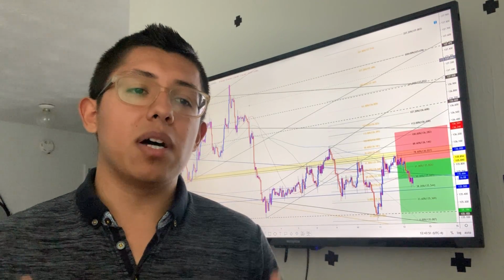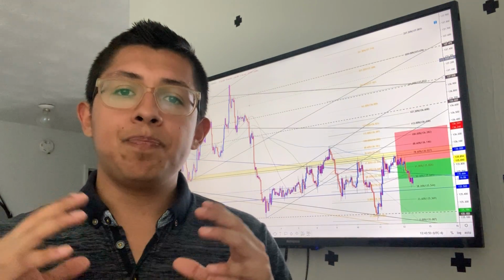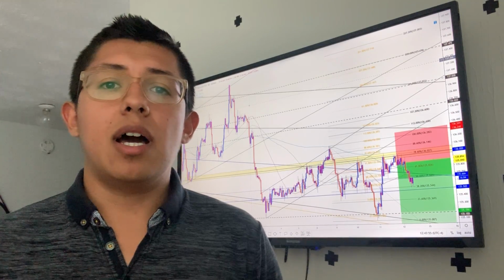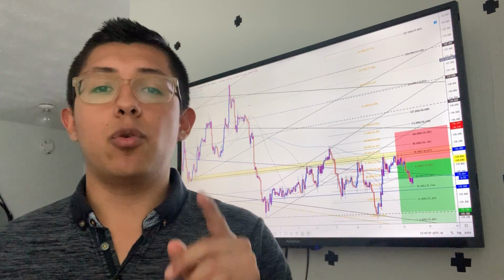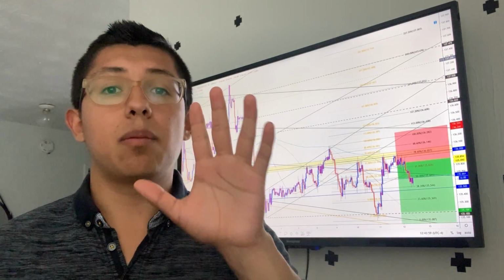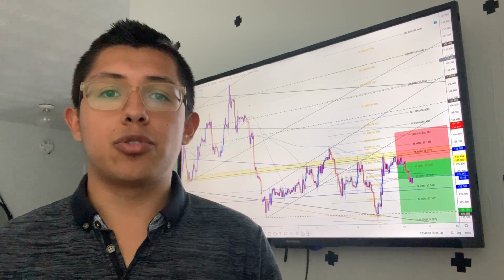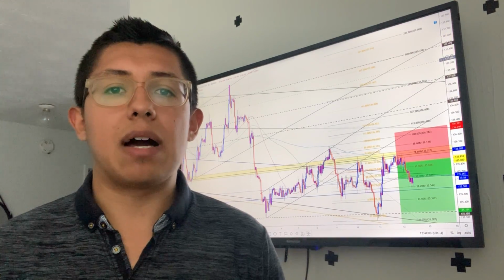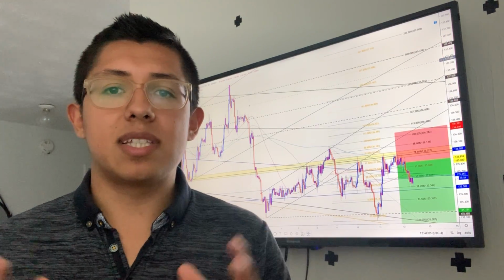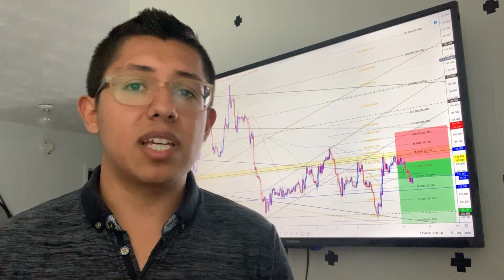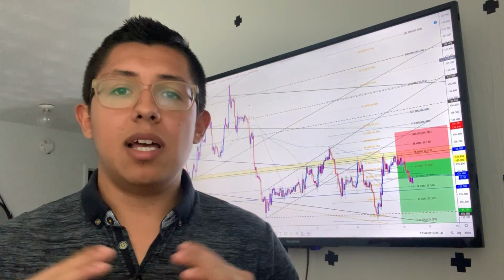But the proportion that you want to make sure to respect is never risk more than 5% per trade, regardless of the amount that you have. 5% on a 10K balance, 1K balance, 2K balance, it doesn't matter.